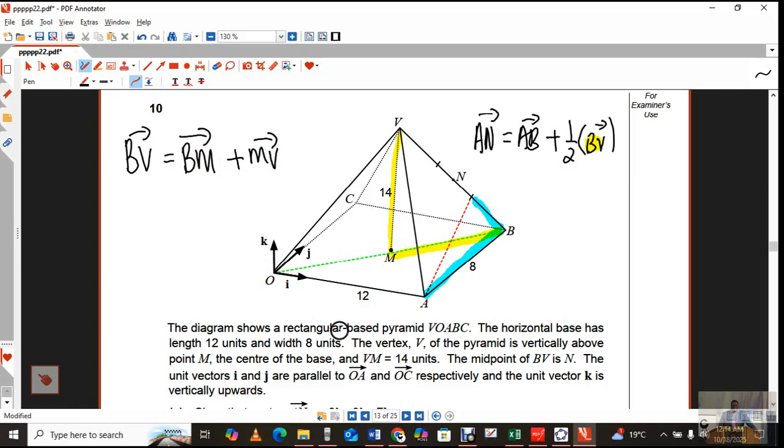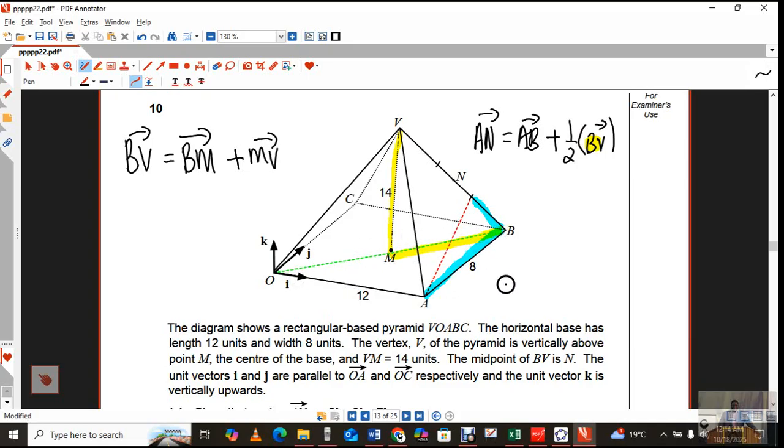That's what I'm looking for. Right. Can we find BM? Yes, we can. Because if you look nicely at BM, the whole distance there, B to O, this is going to be halfway.